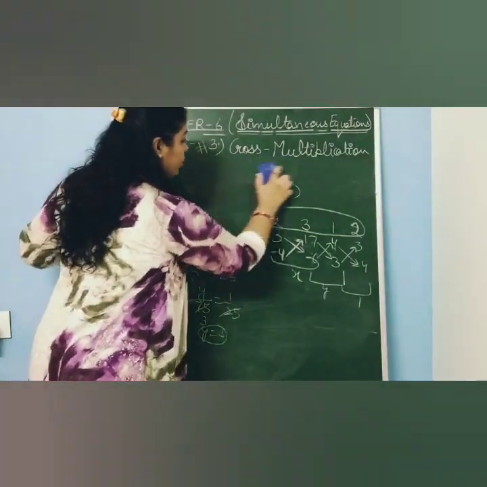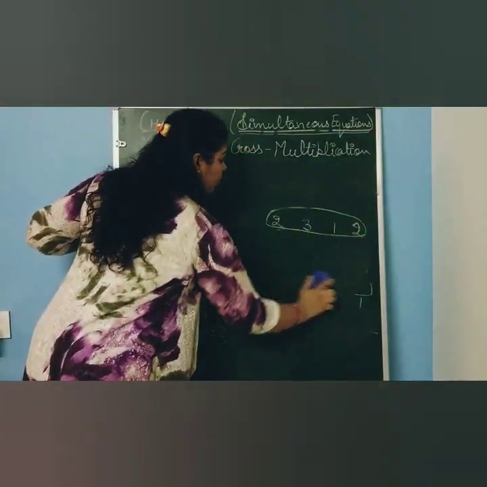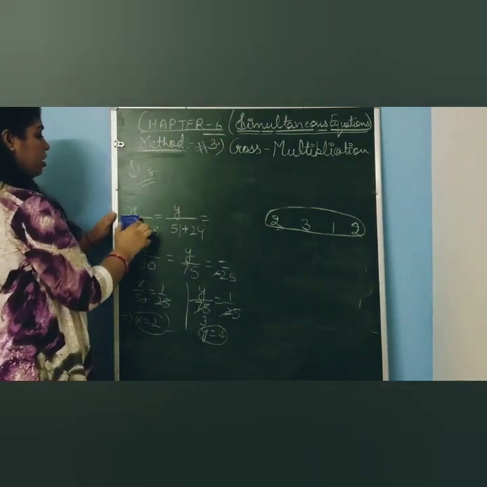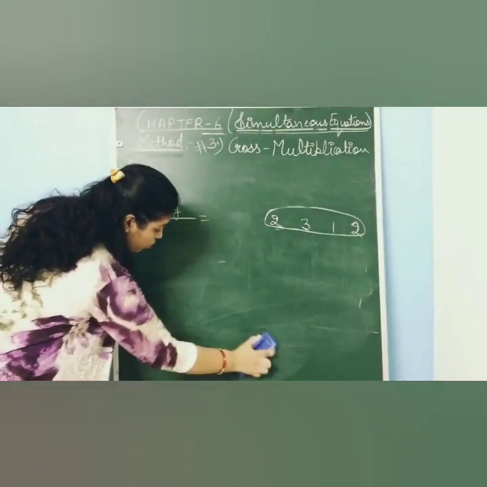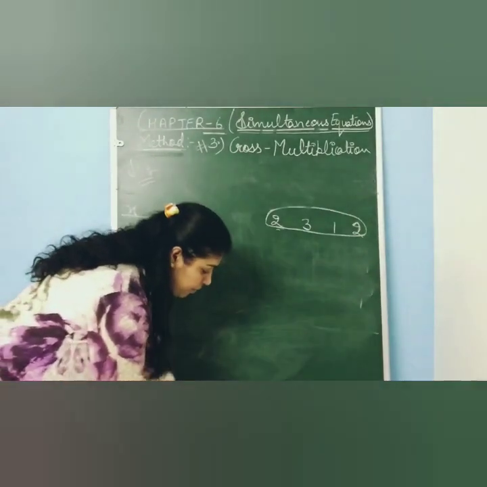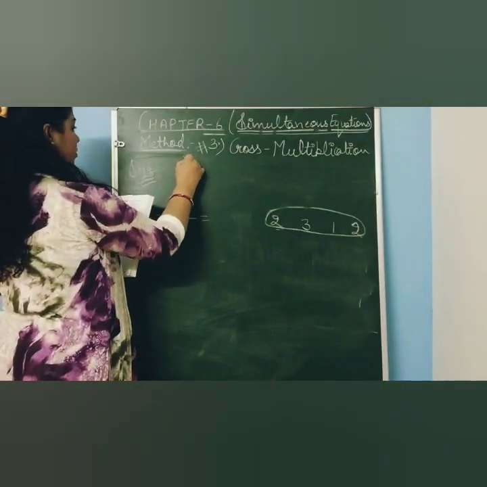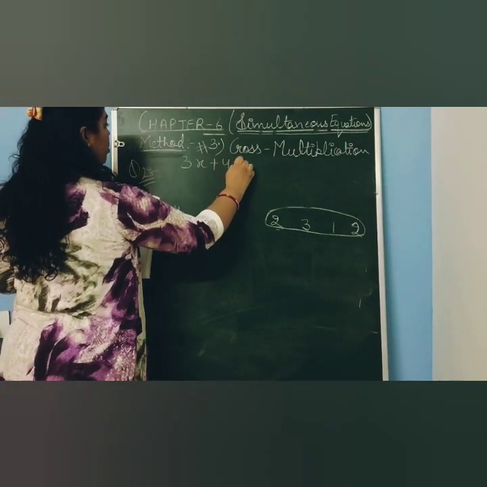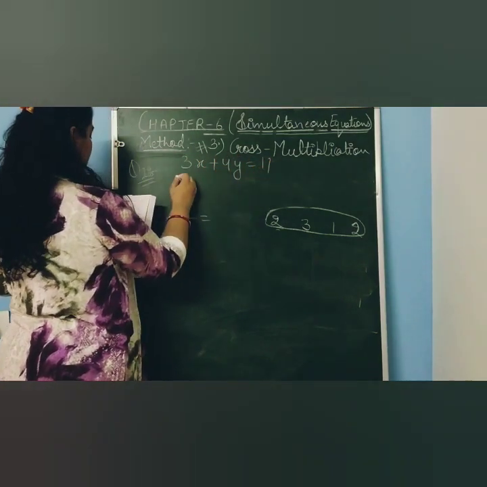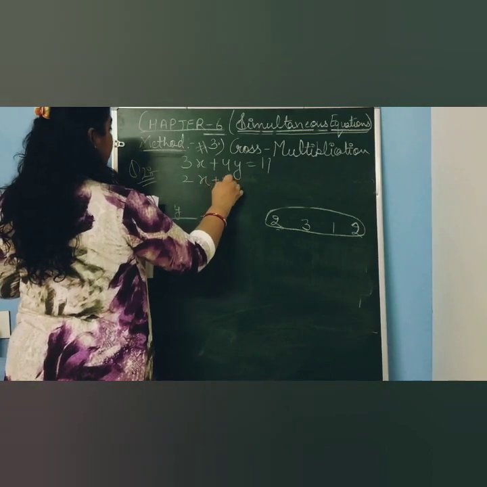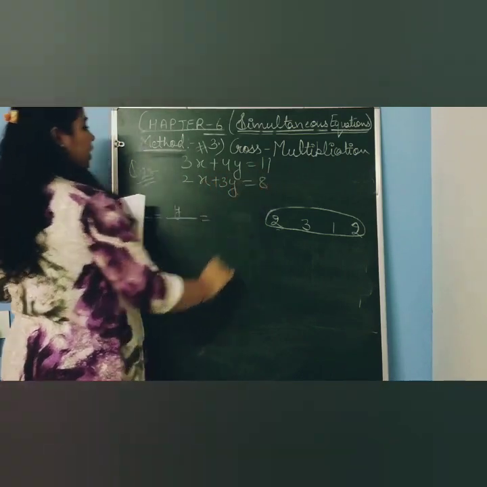Come to the next question. I am going to solve the next question, which is 3x plus 4y is equals to 11 and 2x plus 3y is equals to 8.